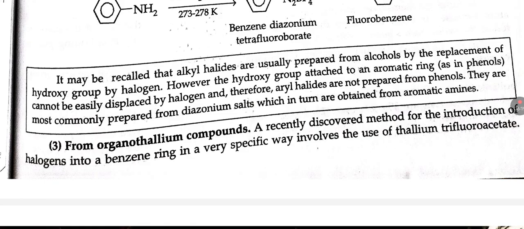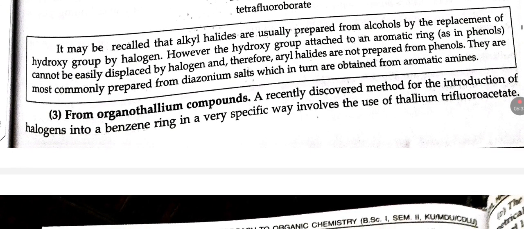It may be recalled that alkyl halides are usually prepared from alcohols by the replacement of the hydroxy group by halogen. However, the hydroxy group attached to an aromatic ring cannot be easily displaced by halogen, and therefore aryl halides are also not prepared from phenols. They are most commonly prepared from diazonium salts, which in turn are obtained from aromatic amines.